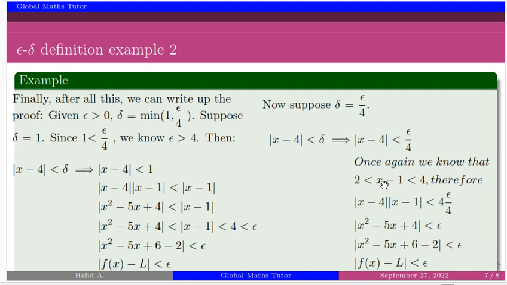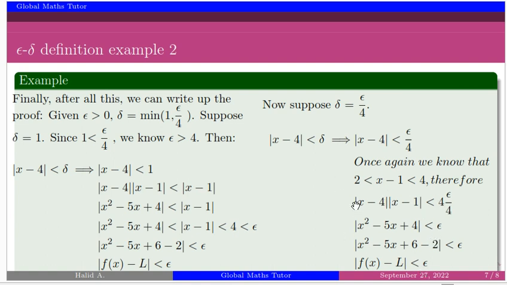Thus we can multiply by |x minus 1| and we can multiply by 4. That can be satisfied because we use these expressions here. When we multiply these expressions, it becomes |x squared minus 5x plus 4| less than, the 4s cancel, epsilon. We can so manipulate these expressions as |f of x minus L| less than epsilon.